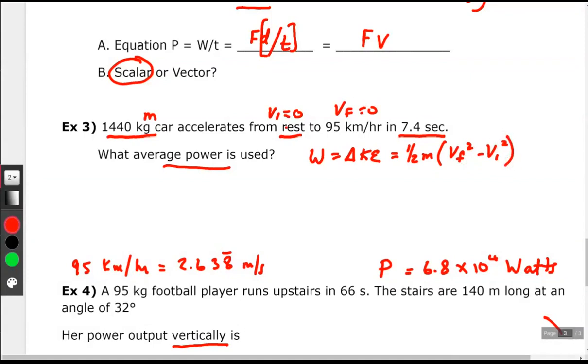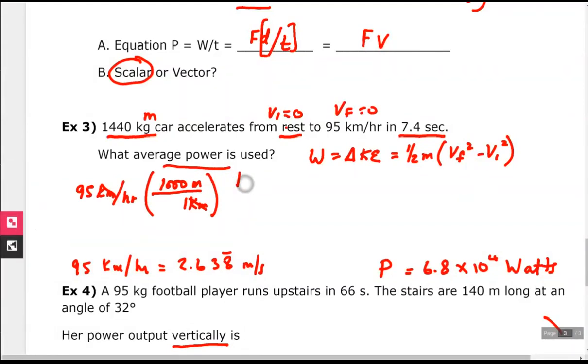But before we do the difference between the kinetic energy before and after, we've got to change this 95 kilometers per hour into meters per second by converting. So I make some conversion ratios and say, well, a kilometer is 1,000 meters, and that's of course one. So the kilometers cancel out, and then hour. Put an hour up top because the hour is on the bottom.